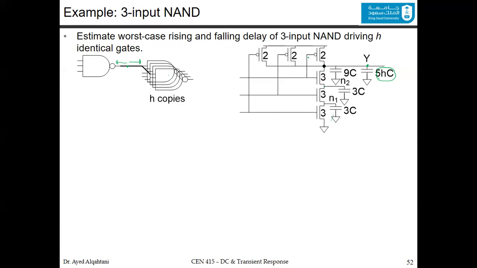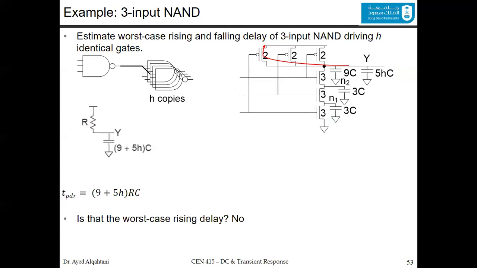So I need to worry about this capacitance, the 9 plus 5H C. It's rising, so you need to connect it to the charging path. So now the resistance here is 2R over K, and our K is equal to 2, so it's simply R. And the capacitance we already calculated.